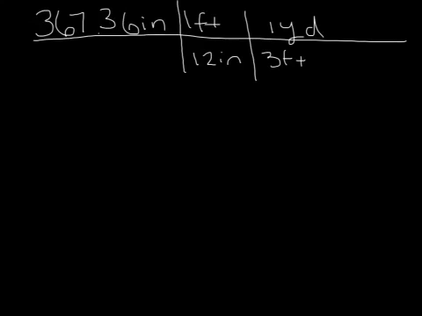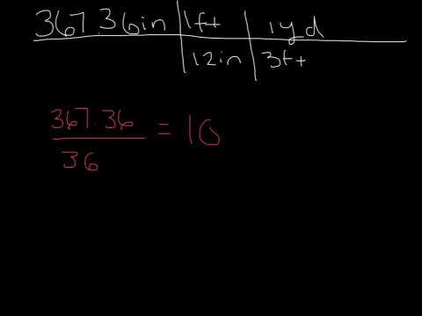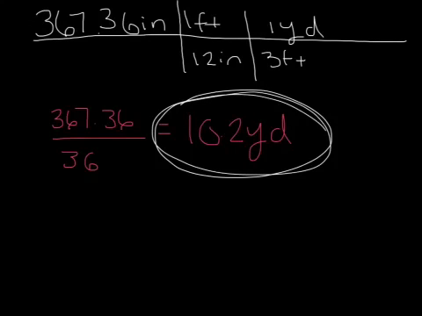What this ends up giving us is 367.36 divided by 36, equaling 10.2 yards. Ladies and gentlemen, that is the X and the height of the pole.